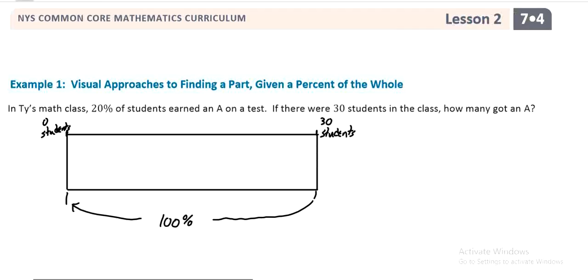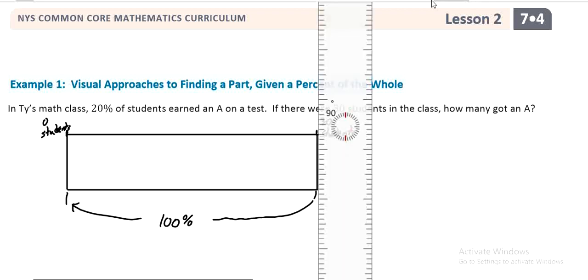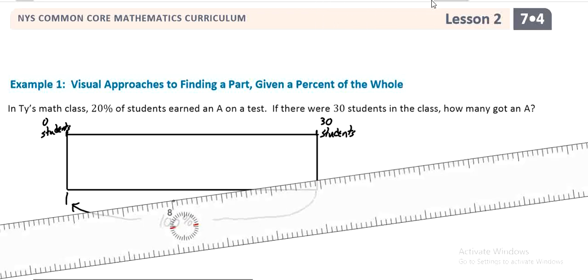To start to understand what that looks like, we're going to break this up horizontally into 10 sections. I'm dividing that 100% by 10, so each section will represent 10%. Let's go ahead and do that real quick. I'll take my ruler. There we go.